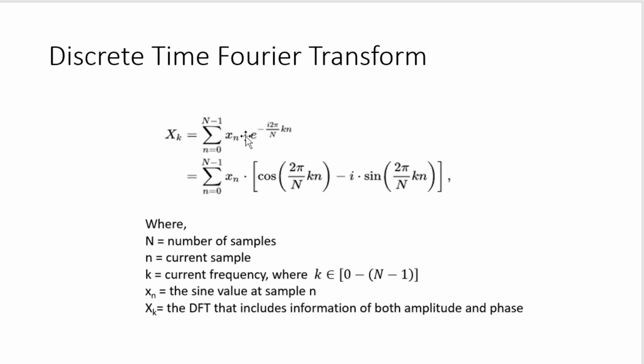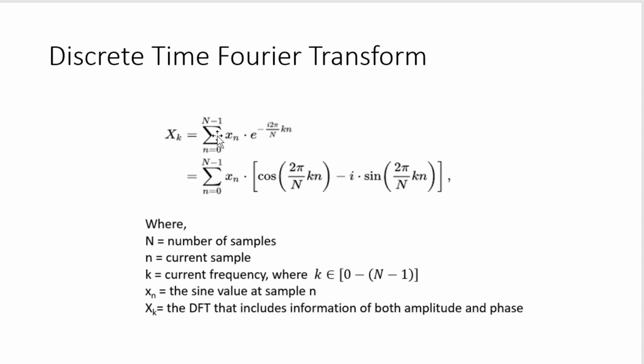Basically, this multiplying and summing is nothing but the dot product between these two entities. The resultant output is the dot products, and those dot products have some magnitude. Those magnitudes are going to be large if the frequency that is being generated by this oscillator matches with the frequency of the original signal. That's all there is to this whole equation.